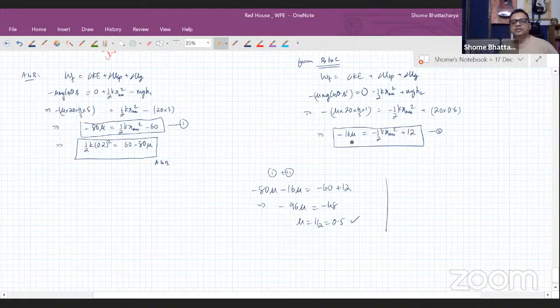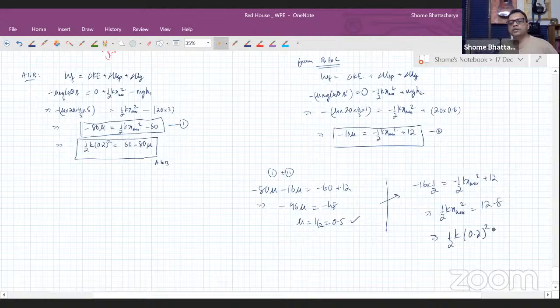Okay. And then substitute that mu over here. So minus 16 into half is equal to minus half kx maximum square plus 12. So half kx maximum square is becoming 12 minus 8 or 4. So half k into 0.2 square is equal to 4.